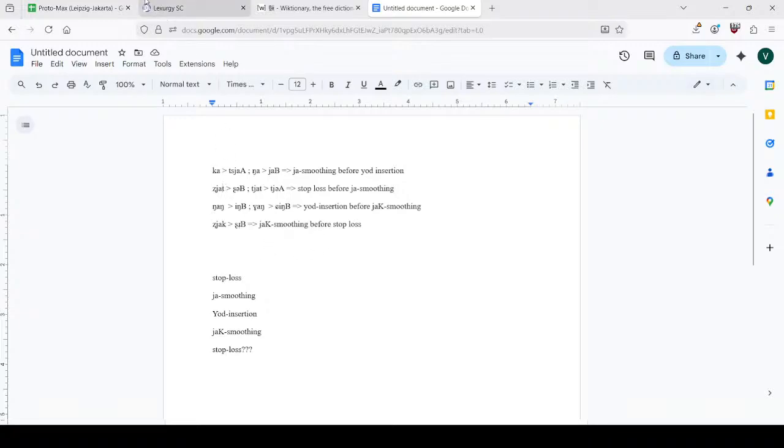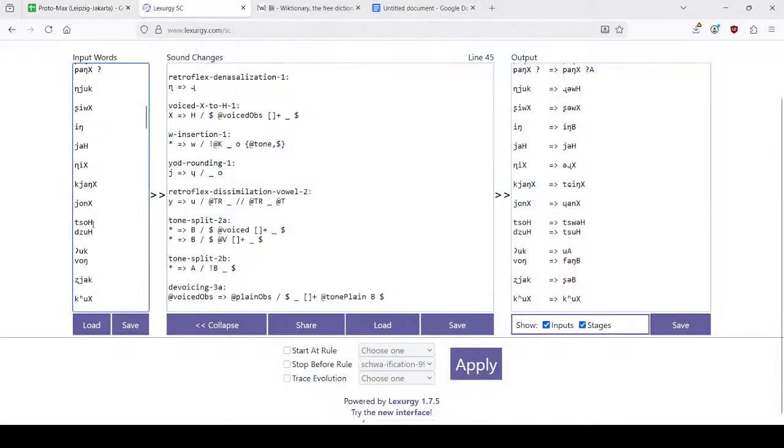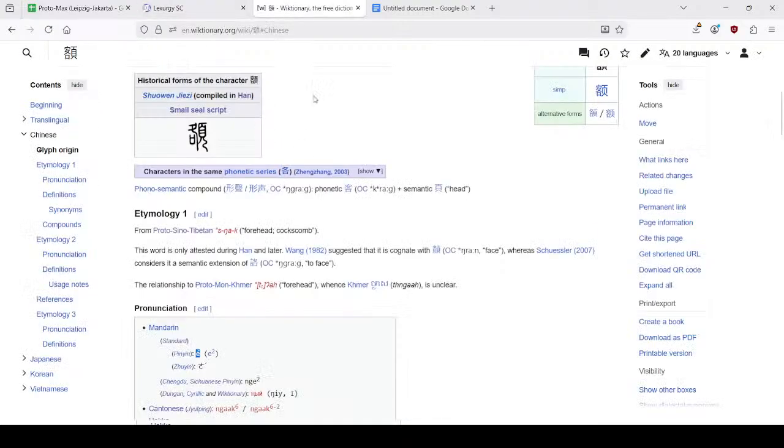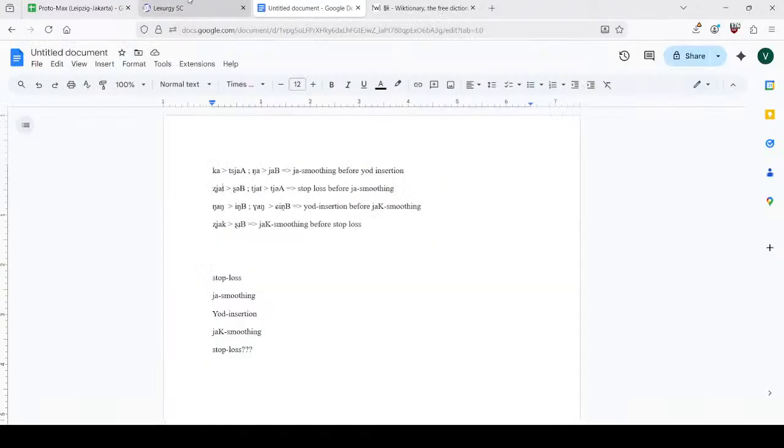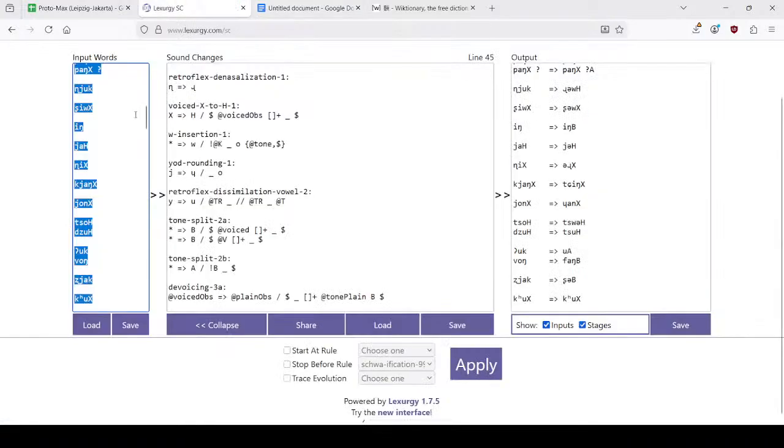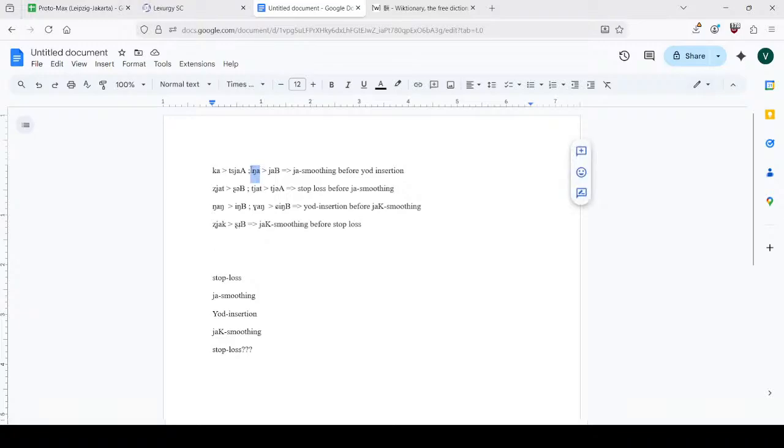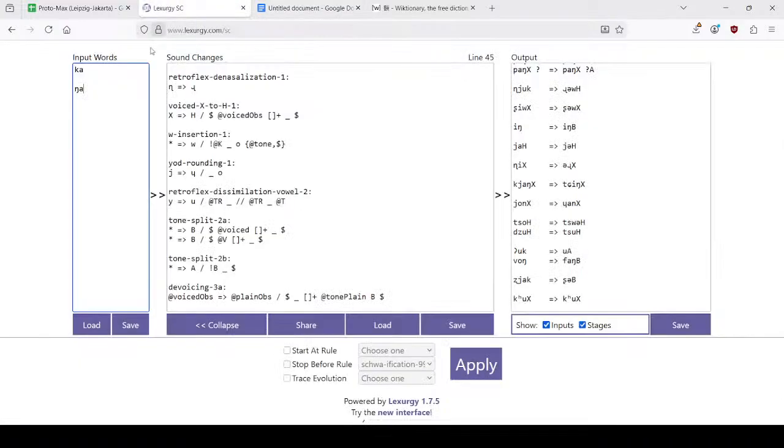this exists. Actually, let's remove all of these. And let's bring in this set of words again. So ga nga jia. I'm just not sure about that word. Ga, or ga nga ja.